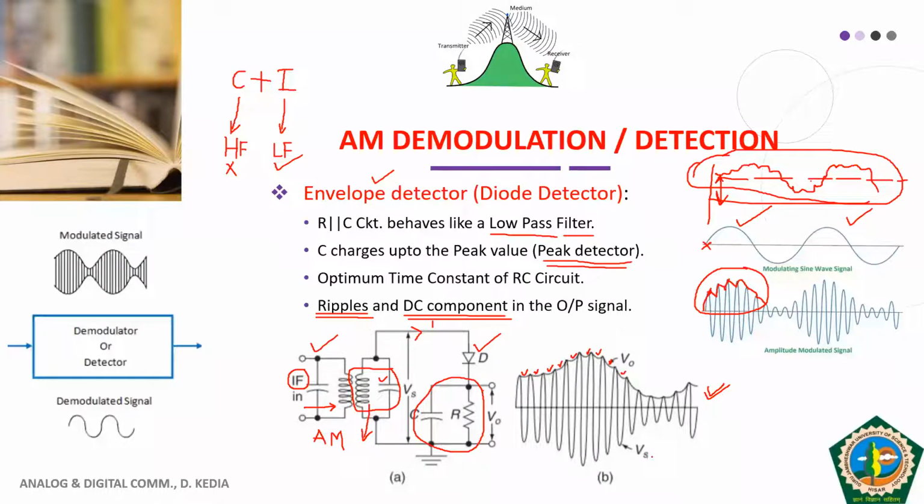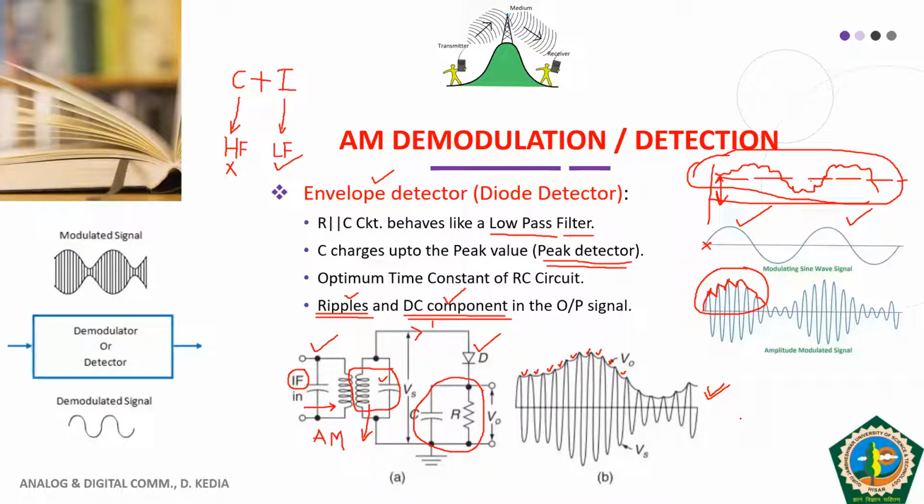So the signal that we get out of the diode detector has two things, ripples and DC component, and these are unwanted signals. We need to remove them. But we will not be able to remove these two things in this simple diode detector circuit.